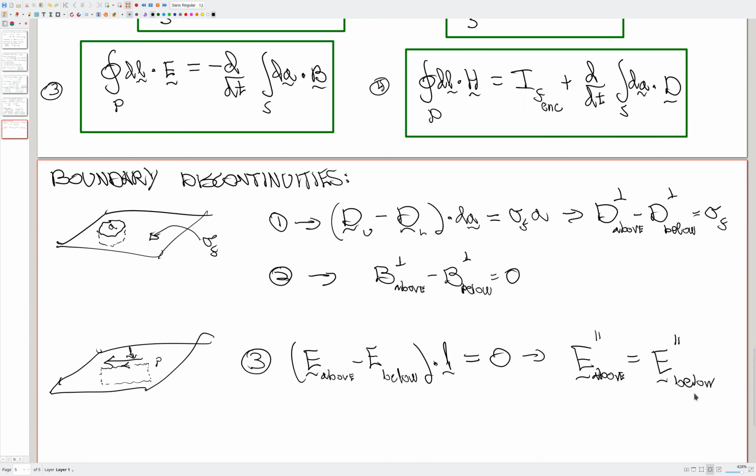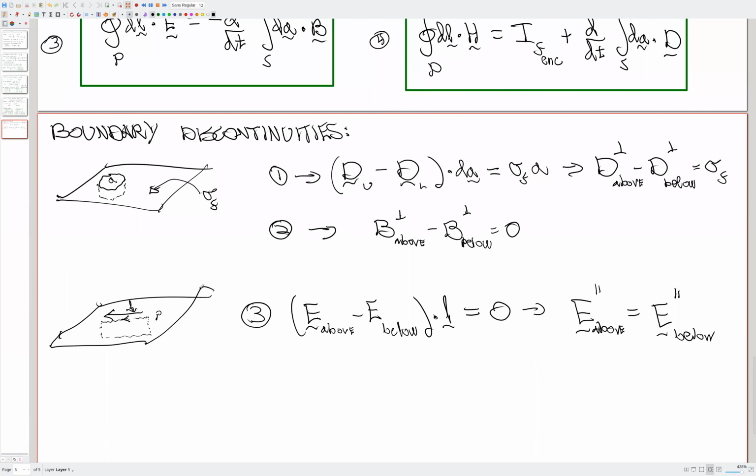Finally, the fourth one that I want to do is the Ampère-Maxwell equation, but now I will imagine that my surface carries a free current K free like this, and this K is a surface current density, not a volume current density, because it's concentrated on this surface here.